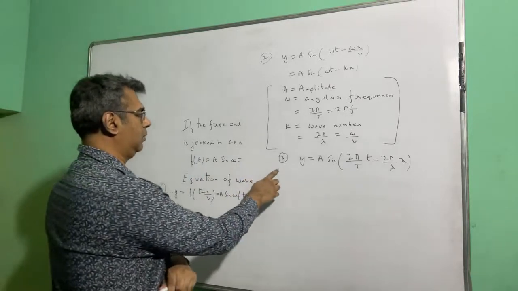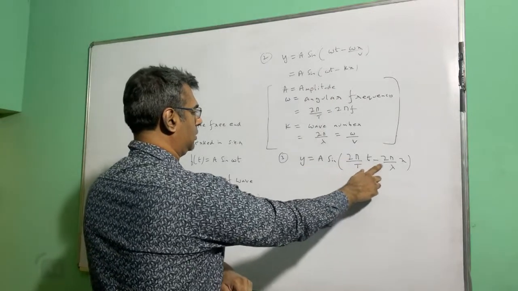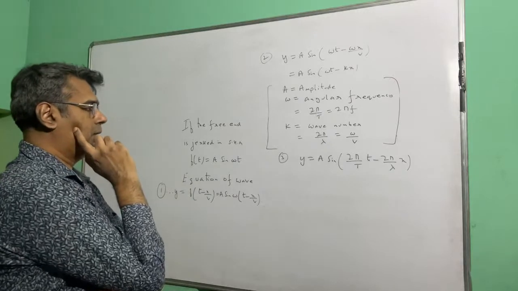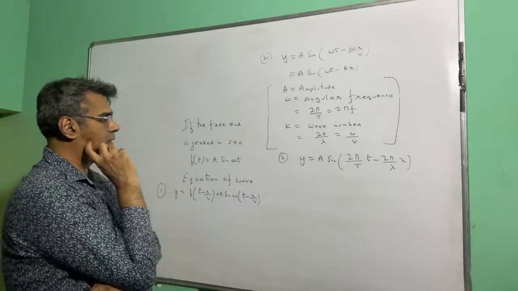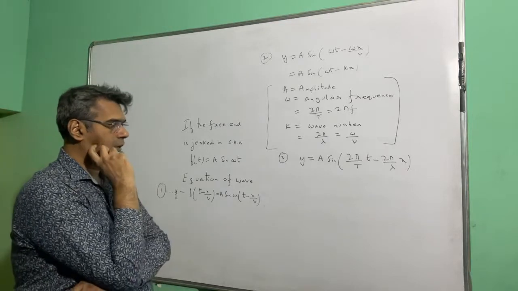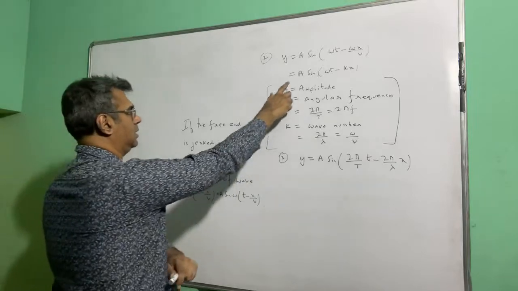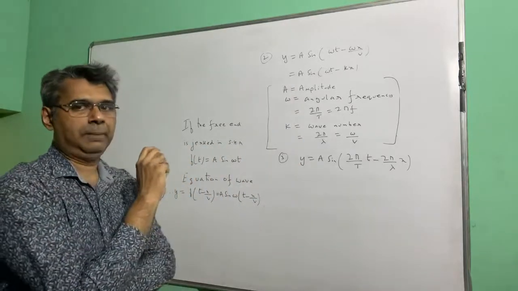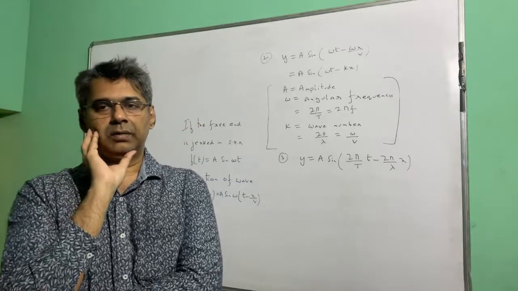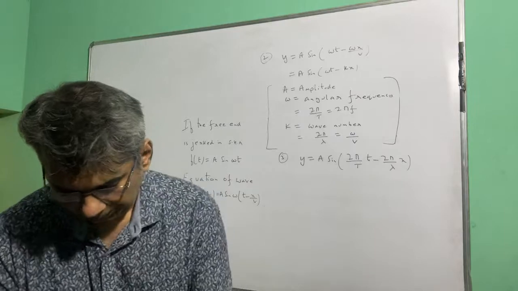So this is another version of this formula. Capital A sine 2 pi by capital T into small t minus 2 pi by lambda into x. This is number 3. So this is number 1, this is number 2, this is number 3. These three are the three forms of the wave equation. So the wave equation has three formulas, and these are the three formulas.